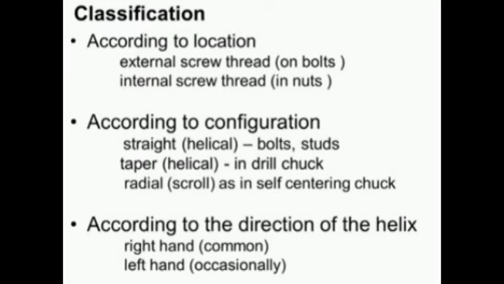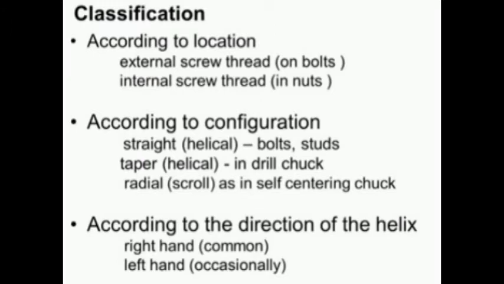They are also classified according to the configuration, that is, whether they are straight helical, for example bolts and nuts, tapered helical, as in drill chucks, and also radial or scroll, as in a self-centering chuck. Screw threads can also be classified according to the direction of helix, whether they are right handed or left handed threads.